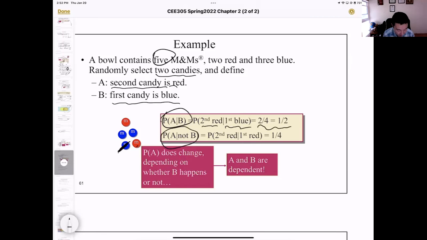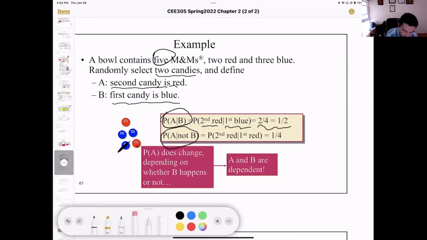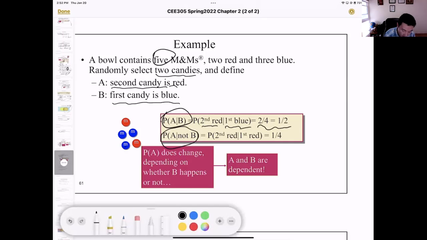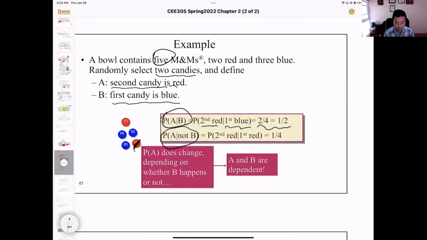What is P(A given not B)? Not B means the first candy is not blue. Then the first candy will be red, since we only have 2 colors. Not blue must be red. That means the first pick is red.